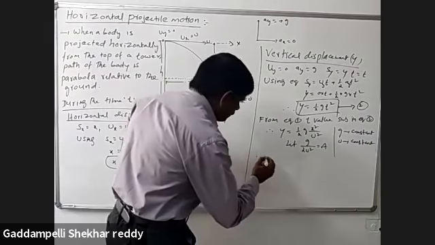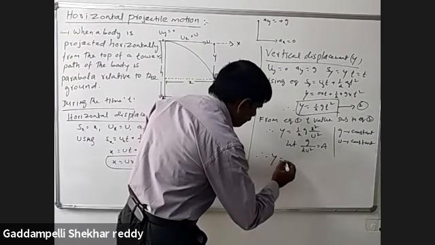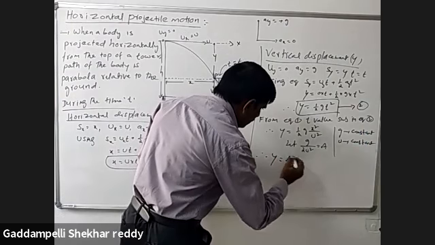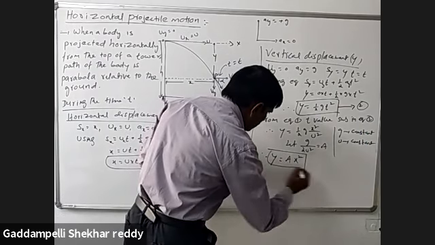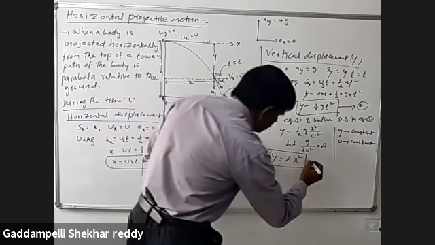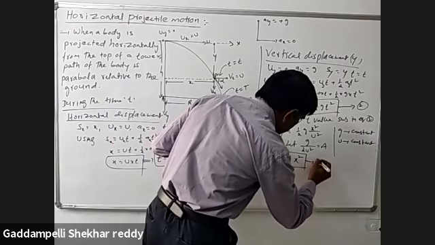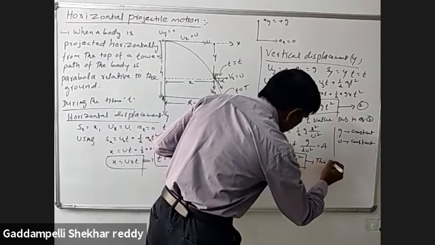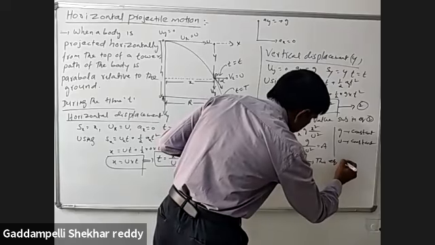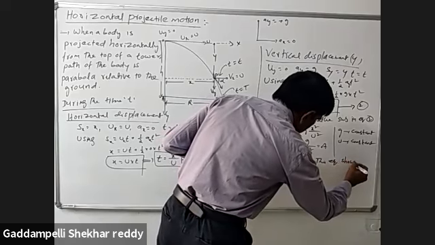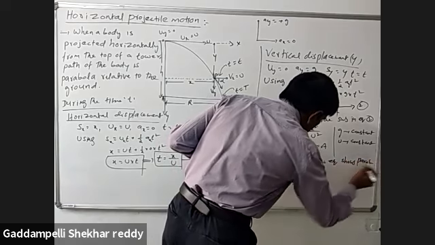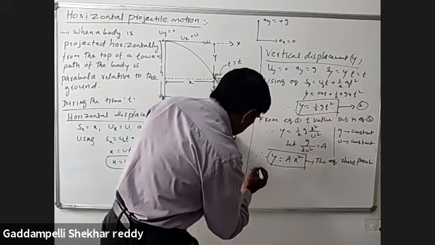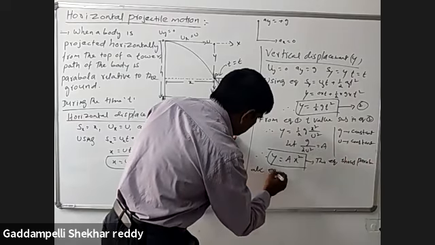Therefore y is equal to a x square. This equation shows a parabolic equation.